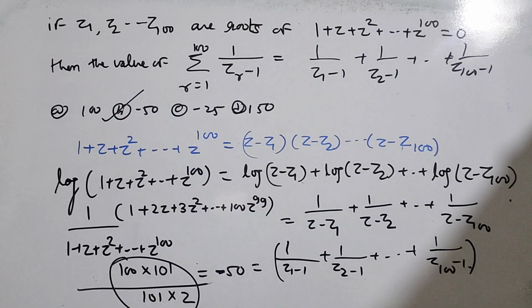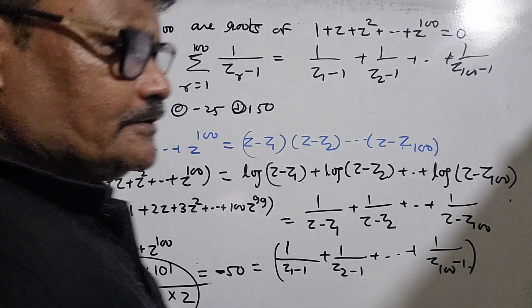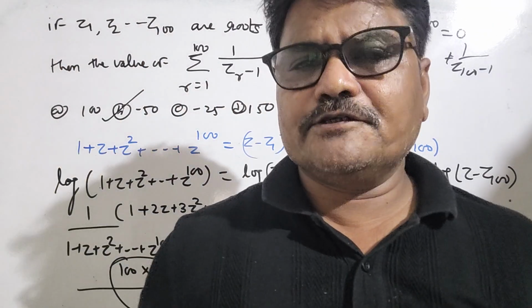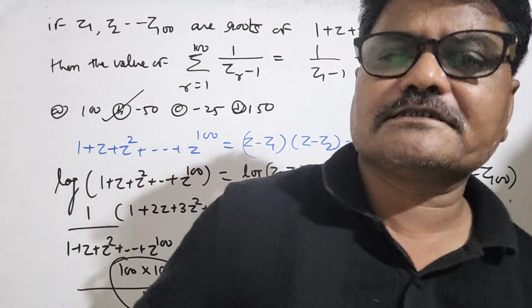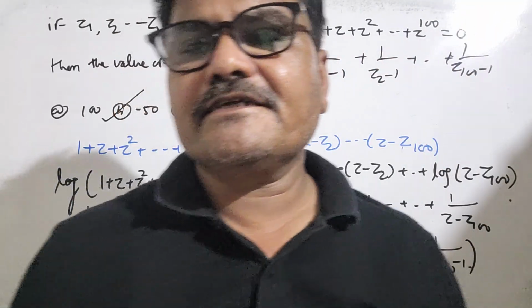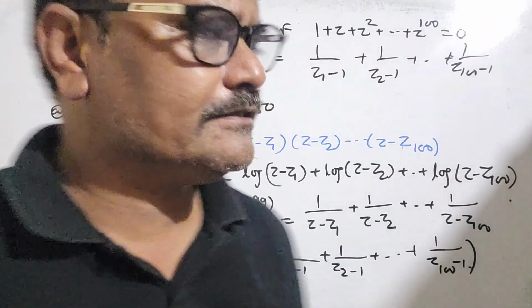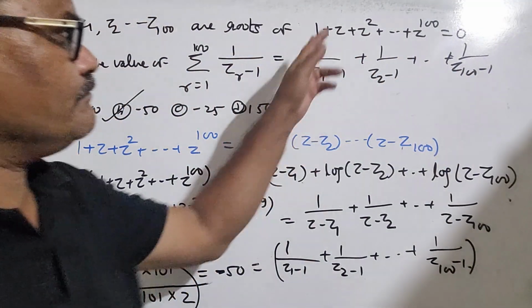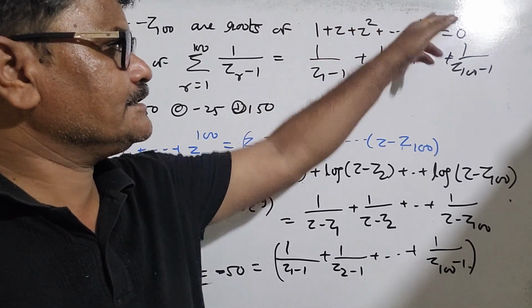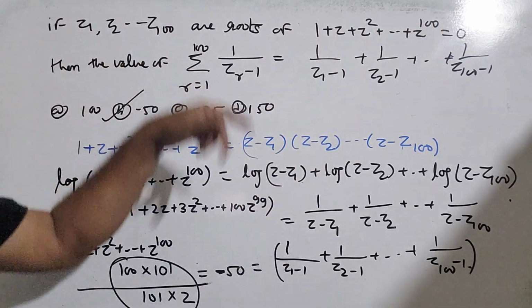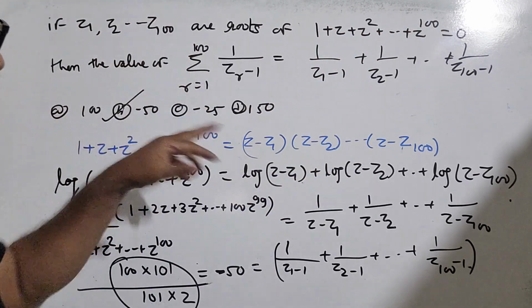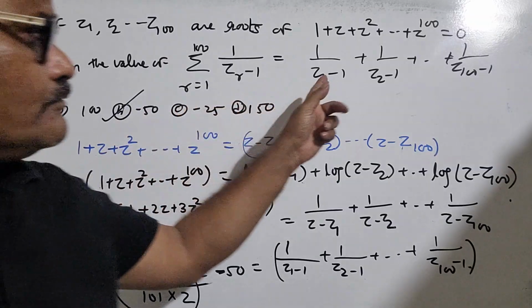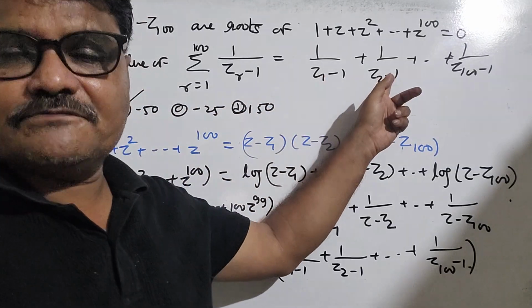Now you can remember this process as a shortcut. If such questions come, you can immediately answer. If they ask about 1 plus z square up to z to the power 100, then with z1 minus 1, z2 minus 1, the answer is minus 50.